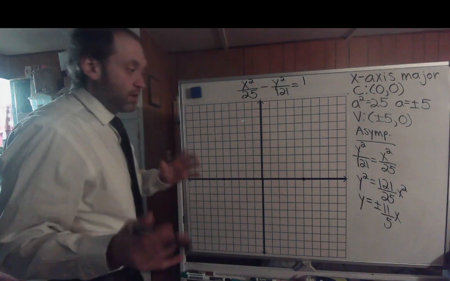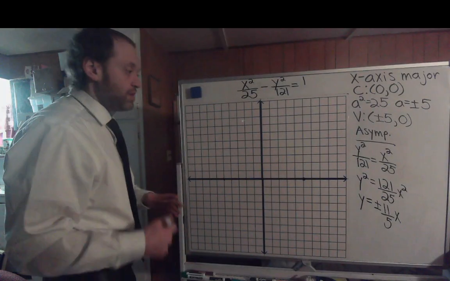So now we need to plot our asymptotes before we even attempt to draw the hyperbola.